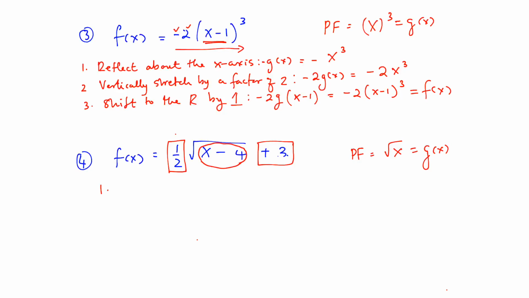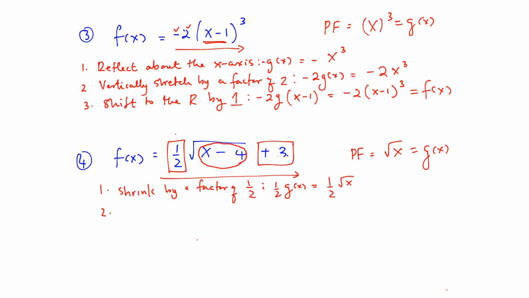Okay? So if I'm going to do this, again, I'm reading from left to right. So first I need to shrink by a factor of 1/2, meaning I'm going to take 1/2 g of x, and that's going to be 1/2 square root of x.